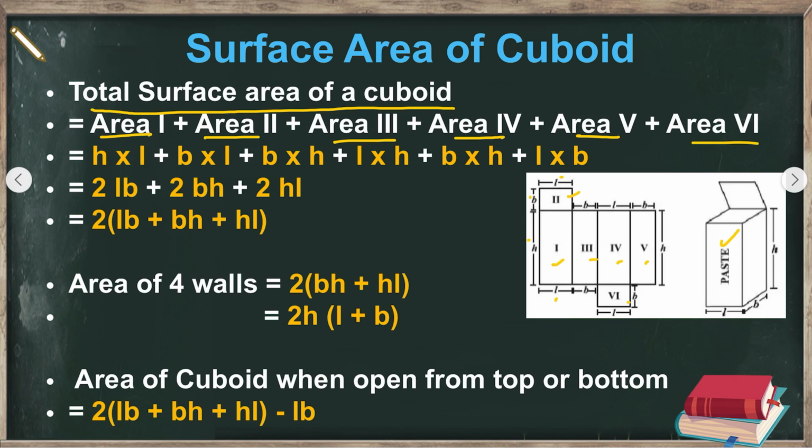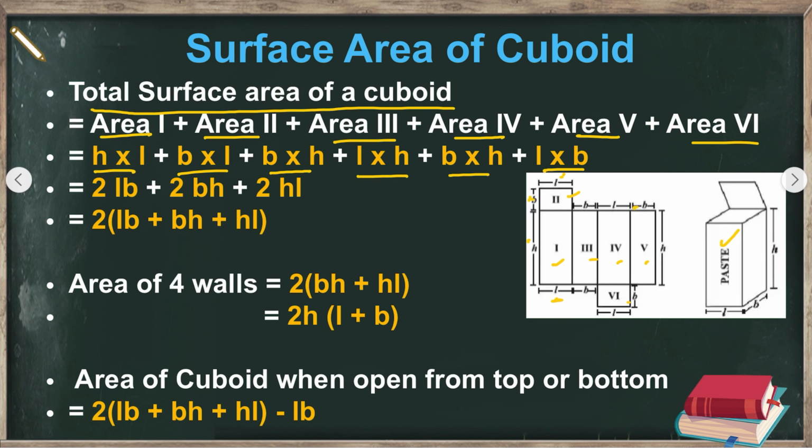From this figure, the area of face 1 is length into height, that is h into l. For face 2 it is b into l, and similarly for the others: b into h, l into h, b into h, and l into b. This is the area of each face. We know the area of a rectangle is length into breadth, and the length and breadth of each face are denoted in the figure.